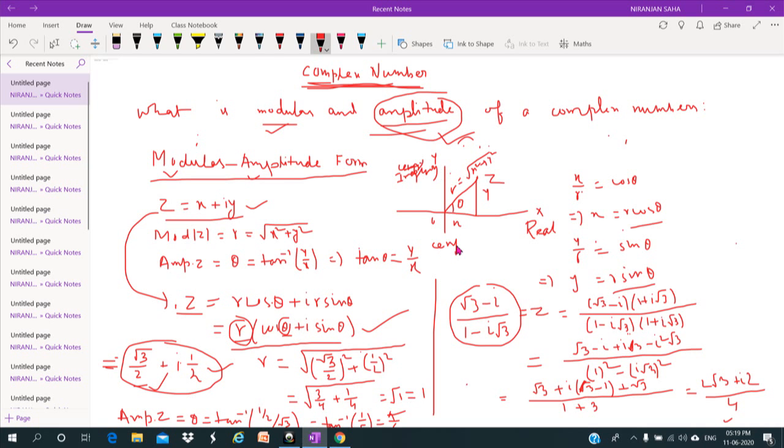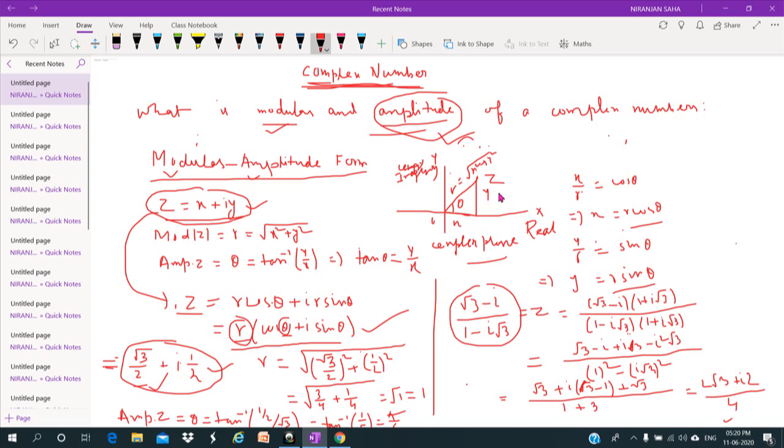So any complex number can be represented as a complex pair. Any complex number in the form x plus iota y can be represented in this complex pair. x is the abscissa and y is the ordinate.